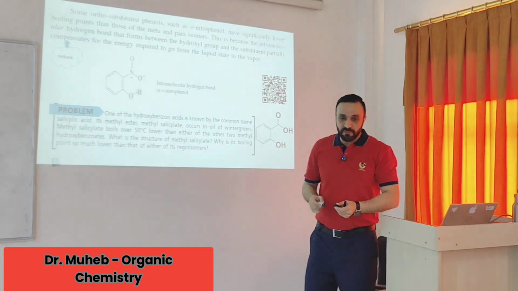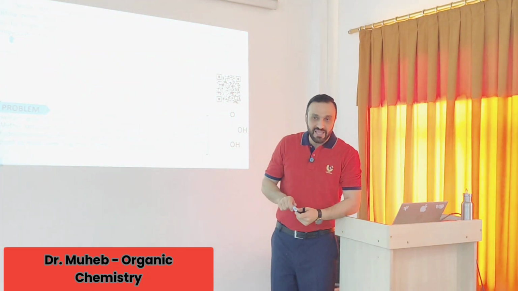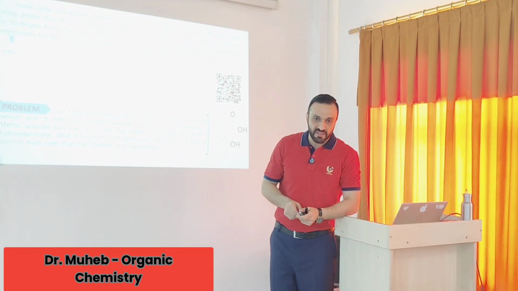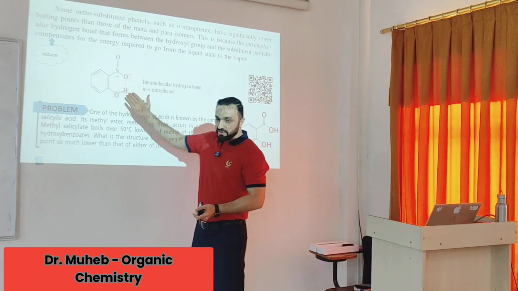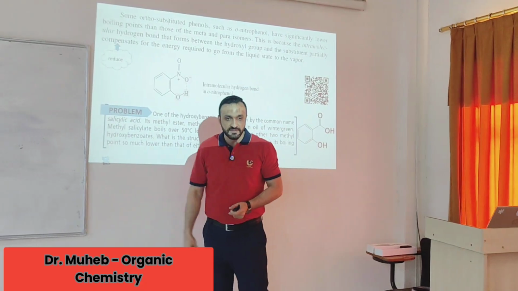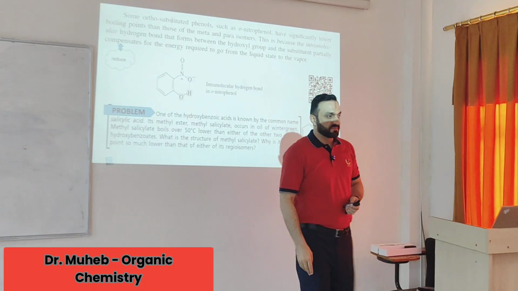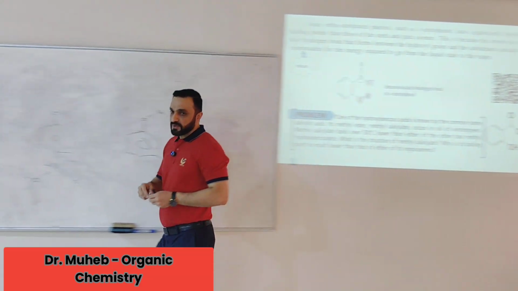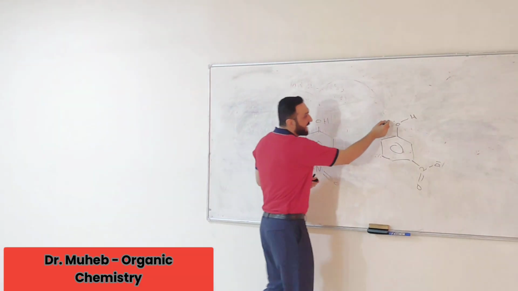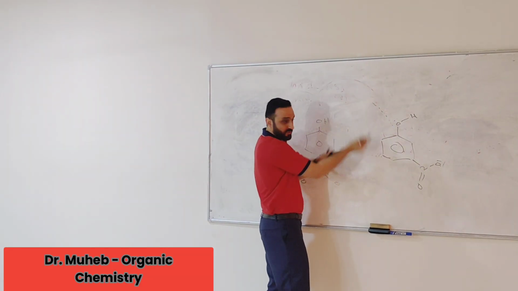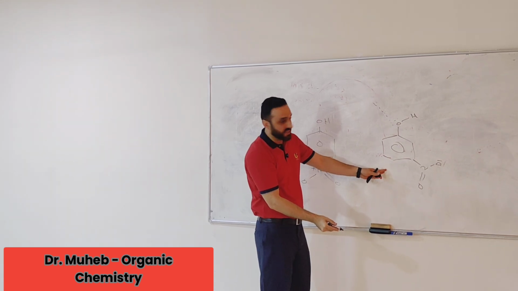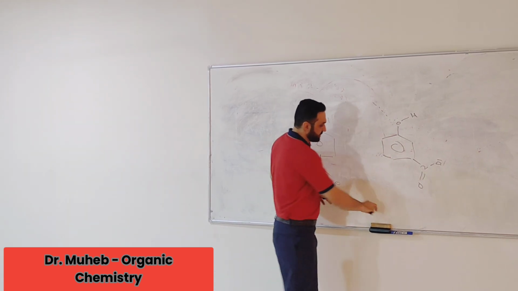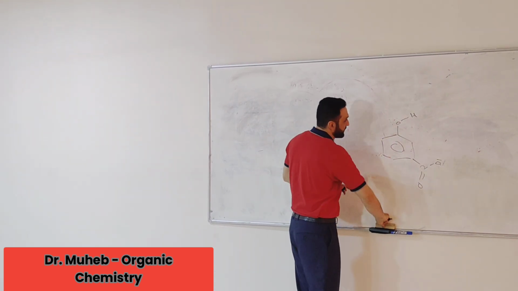So, in your opinion, which has a higher boiling point and melting point, the ortho derivative or meta and para? Meta and para. Why? Because the meta and para will make hydrogen bonds with other molecules of the same compound. I will write it for you here.